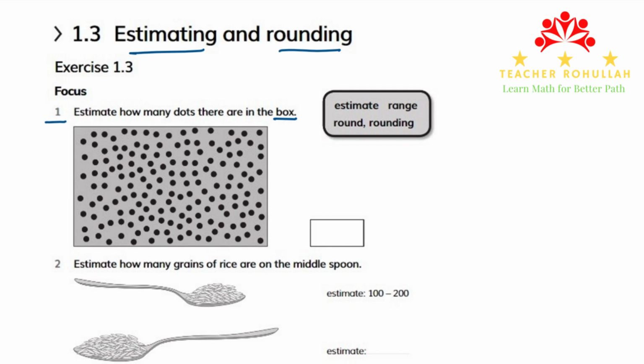To estimate the number of dots here, we have to make groups of 10. So let's make the group 1, 2, 3, 4, 5, 6, 7, 8, 9, 10. So I will circle the group, one group of 10.